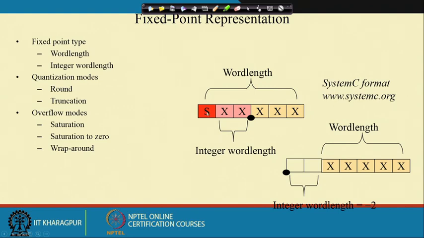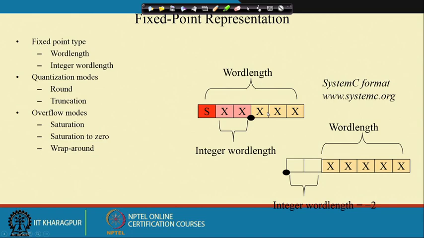So the MSB represents the sign, the next portion represents the magnitude of the integer portion, and this particular point represents the fractional portion magnitude.